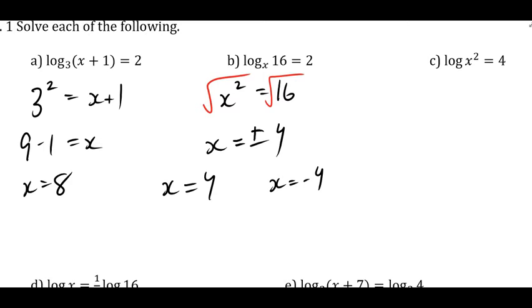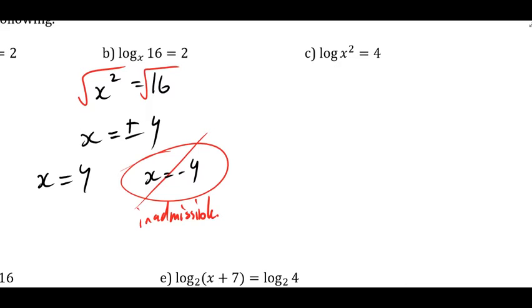In this case, we can't have a negative base in our log, so inadmissible. Does that make sense? Everybody okay?